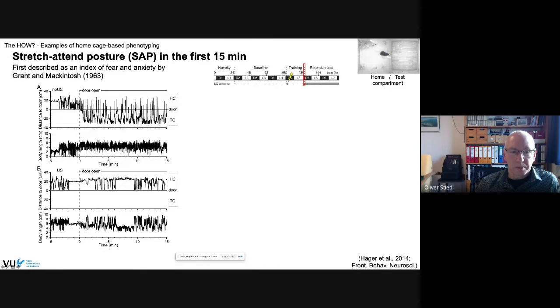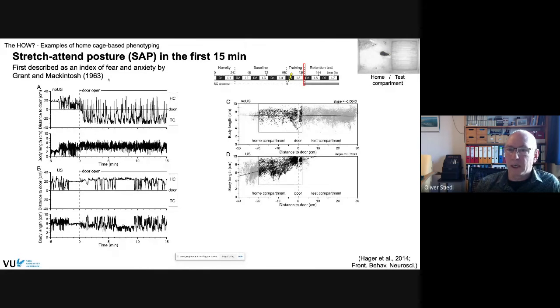At the same time, the body length becomes spiky in that whenever the animal approaches the door, the body length increases, which is a stretch-attend posture, which is nothing new. It's been described since 1963, but we quantified it, and we can now nicely see that the steepness of the slope of the body length versus the distance to the door is a nice indication of the fear.